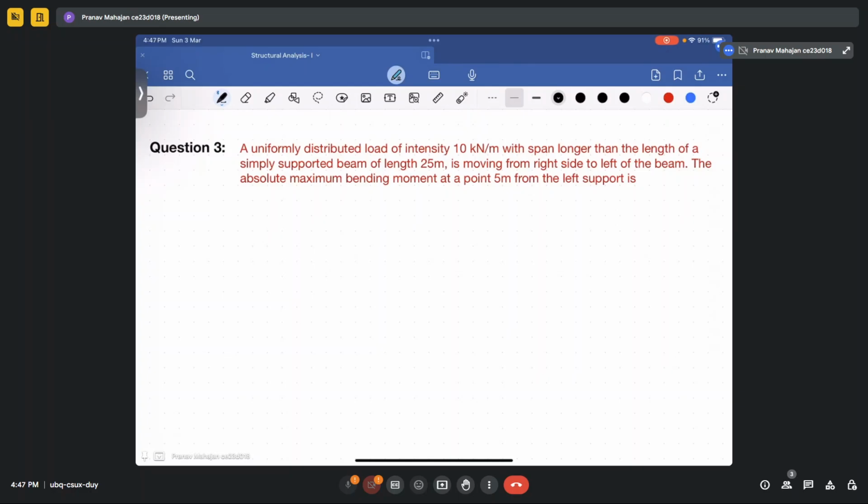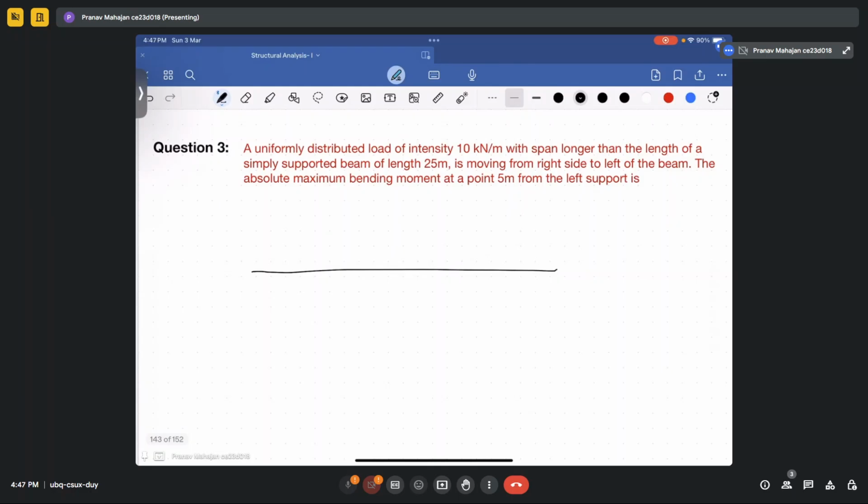So in this case, we will keep the whole load over the span, because only if we keep the whole load over the span will we be able to determine the maximum bending moment. Okay, so first draw the beam.